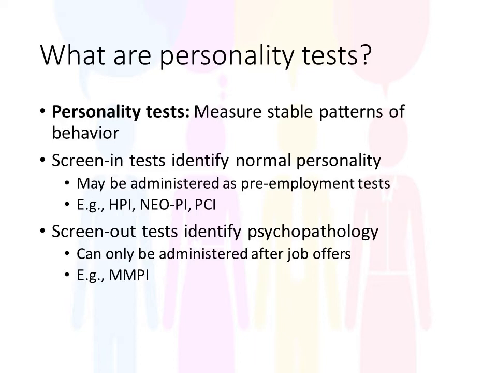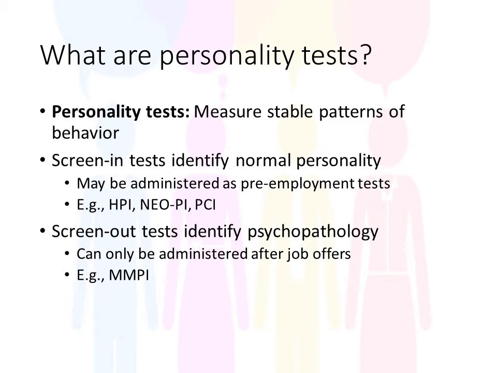There are two different types of personality tests that we might use, and the distinction is important for legal reasons. Screen-in tests measure normal personality and can be administered as part of the pre-employment process. Examples include the Hogan Personality Inventory and the NEO Personality Inventory.